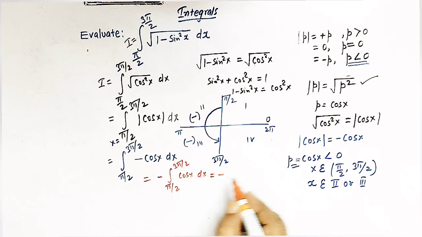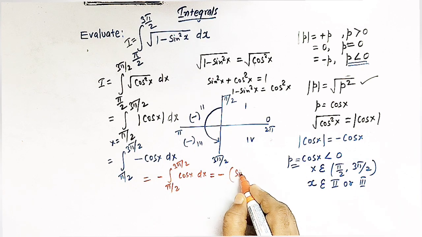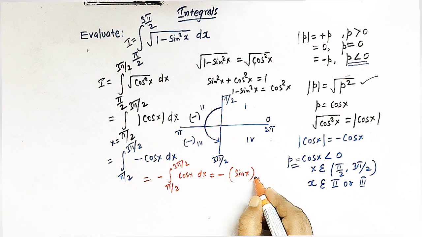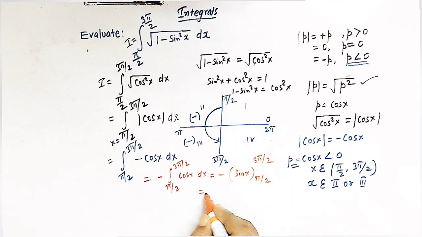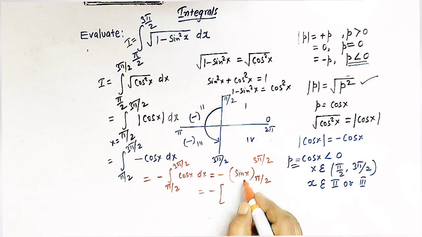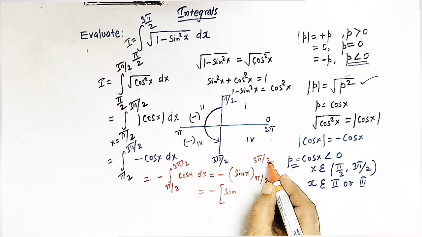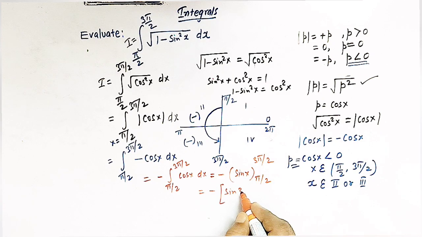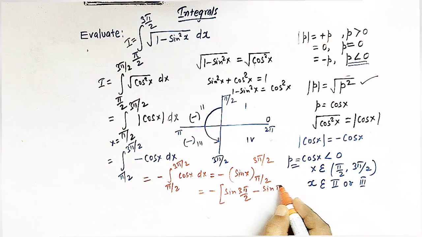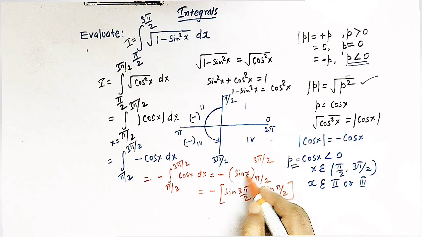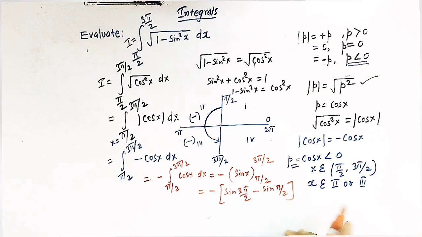Now the integral of cosine x is sine x, and the limits of integration are from pi by 2 to 3 pi by 2. First we take 3 pi by 2, so we have sine 3 pi by 2 minus sine pi by 2, substituting the limits and taking the difference.